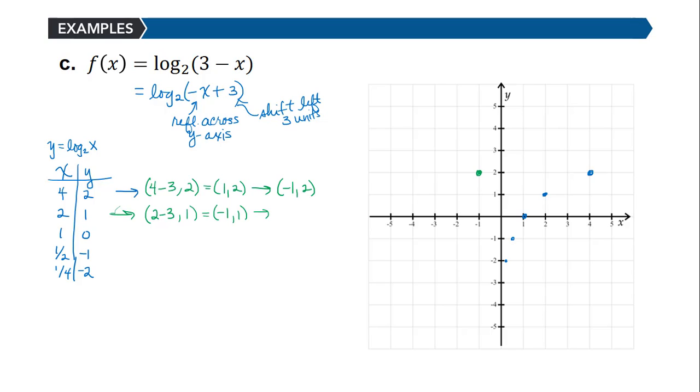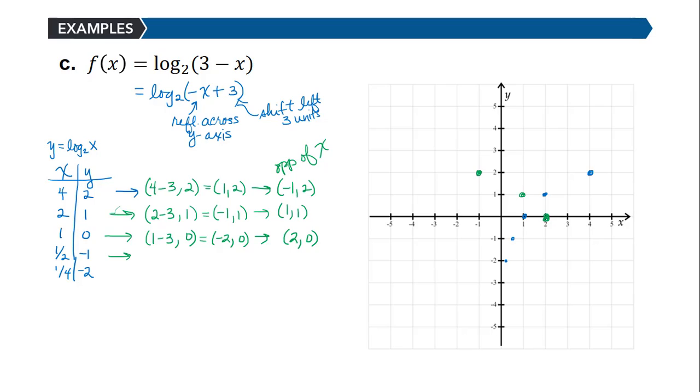Right, so shifting left 3, but then I have to reflect it across the y to become 1, 1. So the reflection across the y is taking the opposite of the x. So 1, 0 through this transformation would become 1 minus 3, 0, or negative 2, 0. But then when reflected across the y-axis becomes 2, 0.